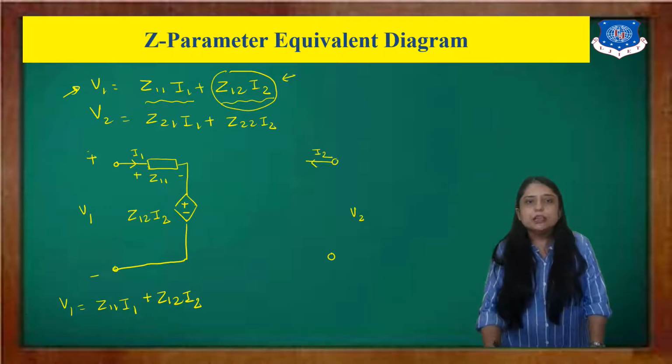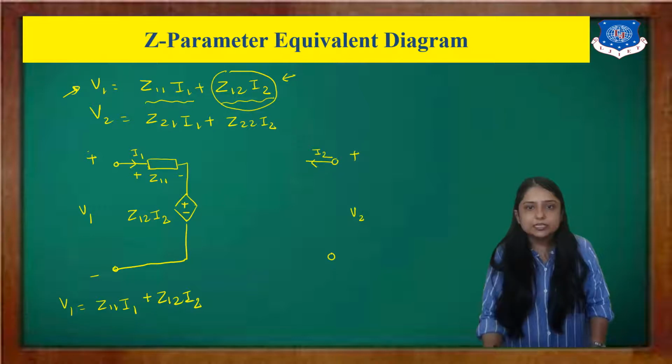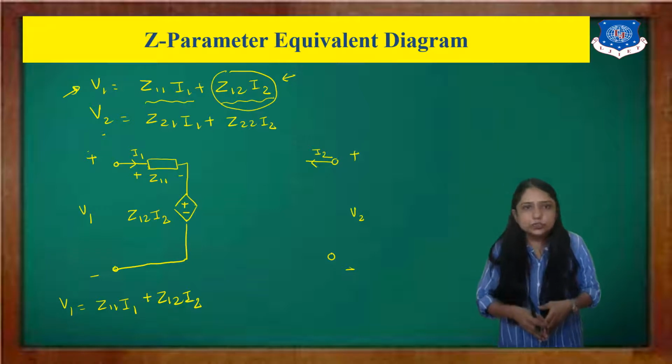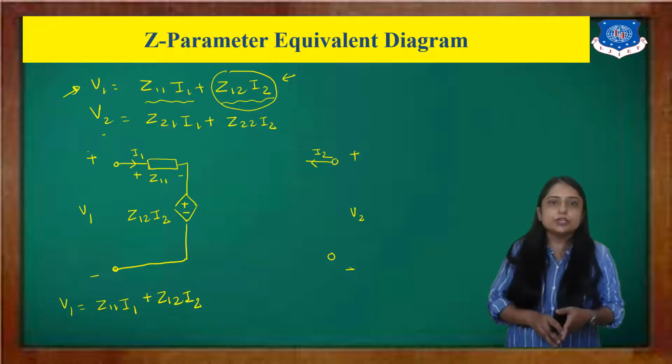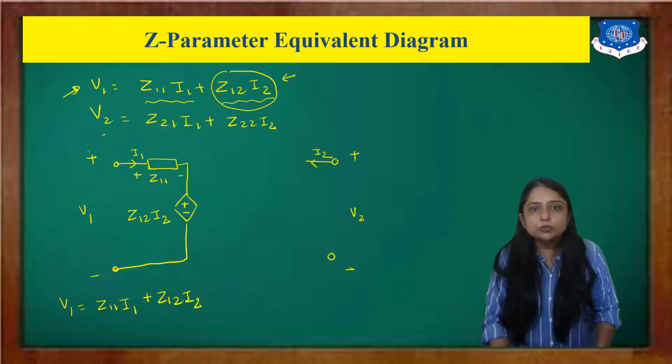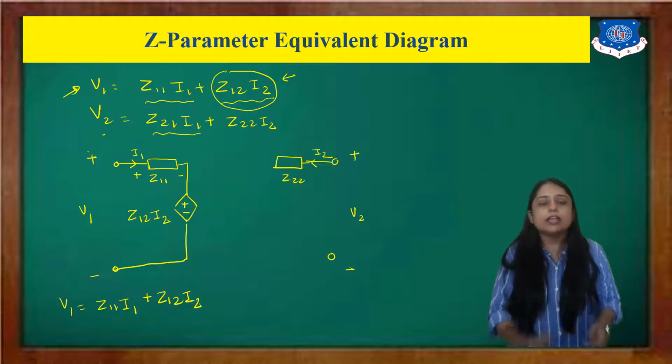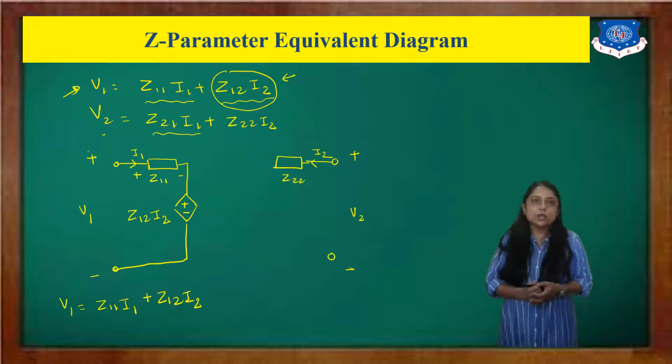Fine. Now here also see, in my second equation, my V2 is Z21 into I1 plus Z22 into I2. So here I2 is multiplied with Z22. And here we do not have any term that is related to I2.